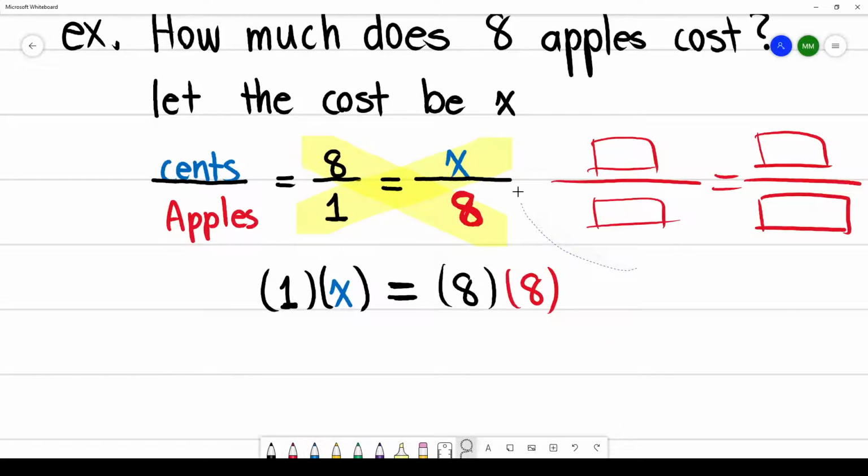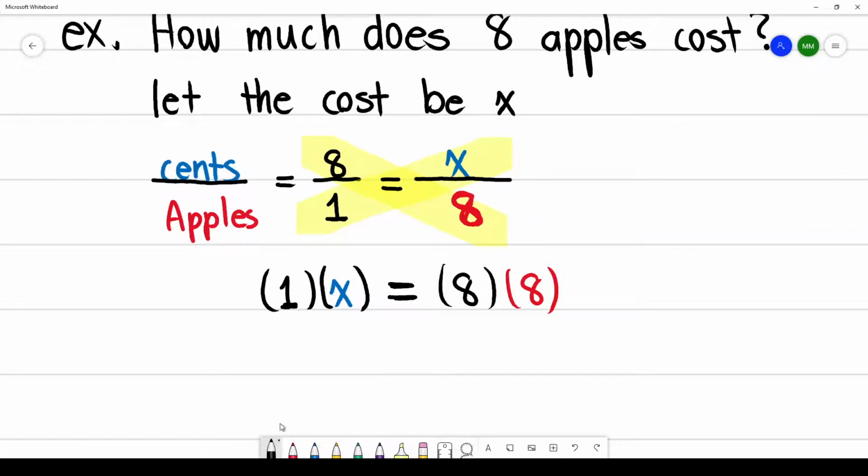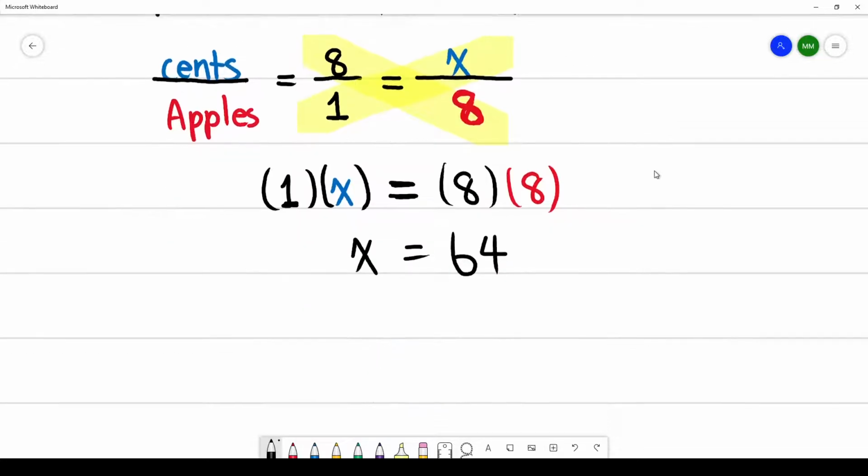That is how you do it. Now 1 times x is simply x, so x is equal to 8 times 8, which is 64. And that's the answer, 64 cents.